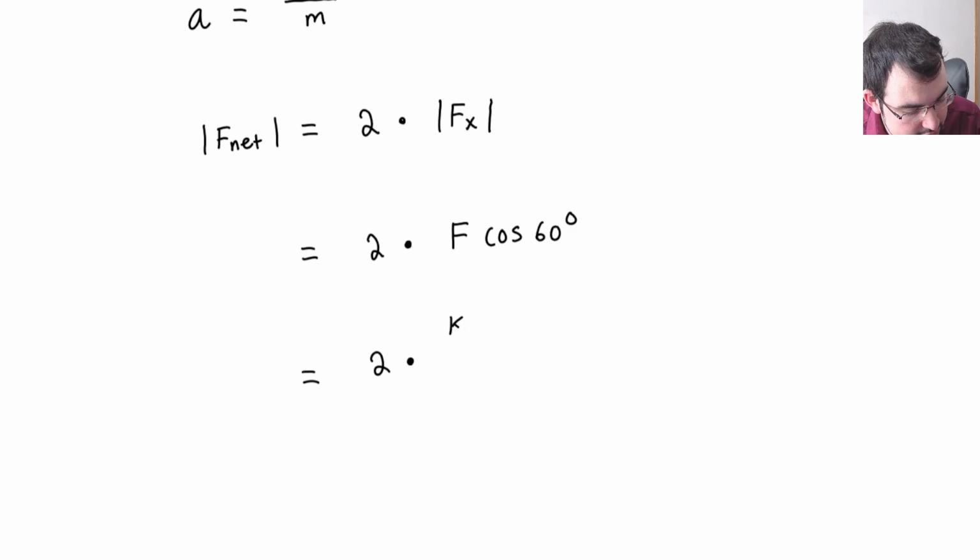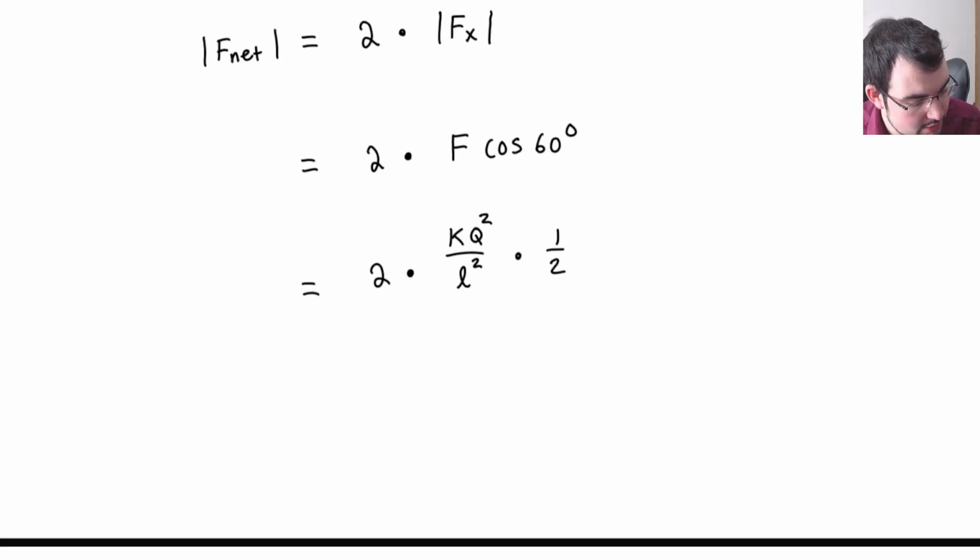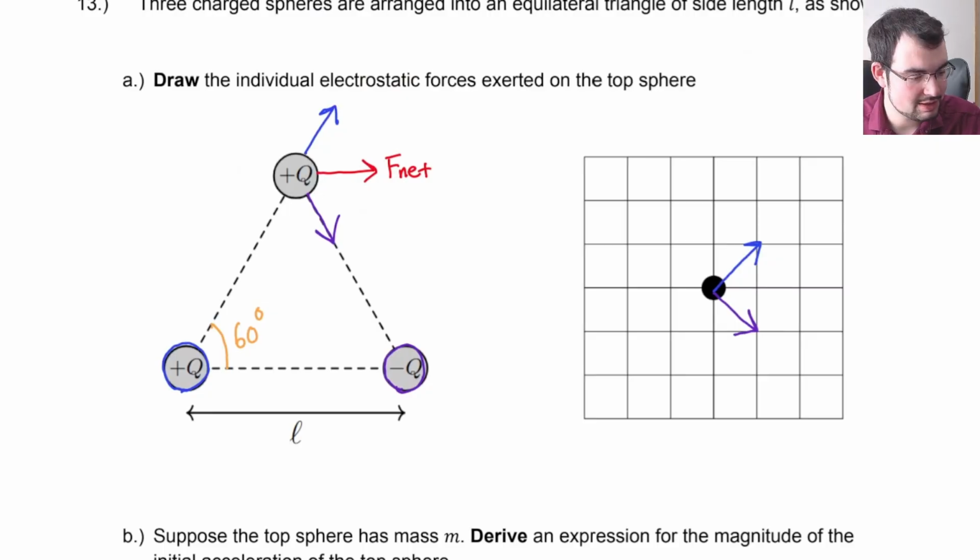The force between two charges is kqq over r squared, where r is the length L in this case, and cosine 60 is actually just 1/2. So we get this counterintuitive result that the net force looks like the force between two charged spheres separated by L. That should make sense, because exactly half of the effective force is being directed to the right from each sphere.